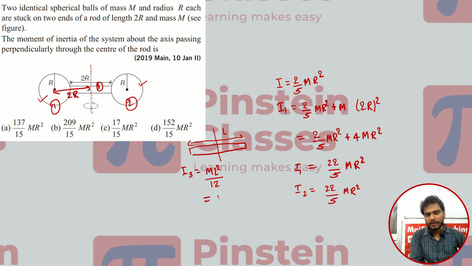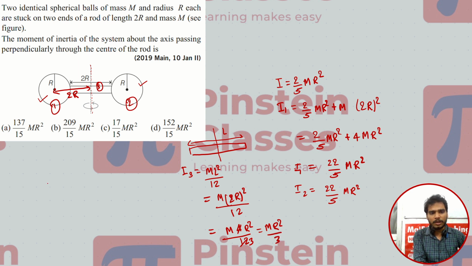So we will plug in m times 2R whole square upon 12. So this will be m times 4R square upon 12. This value will be cancelled out. This will be mr square upon 3.